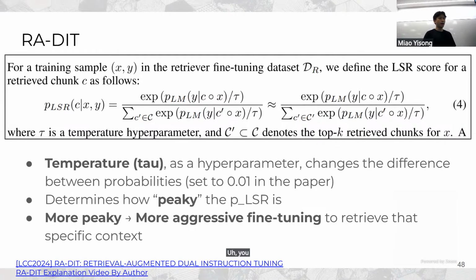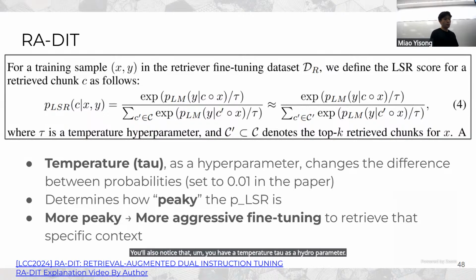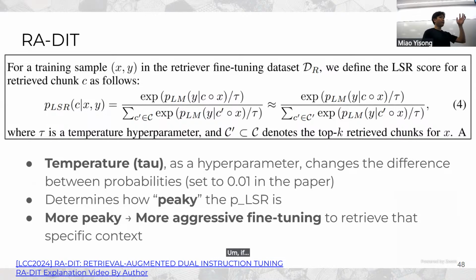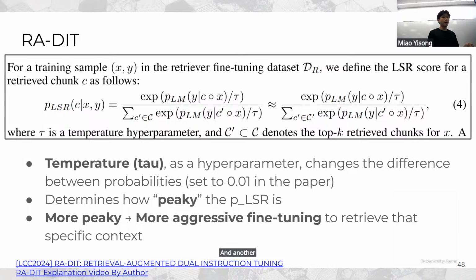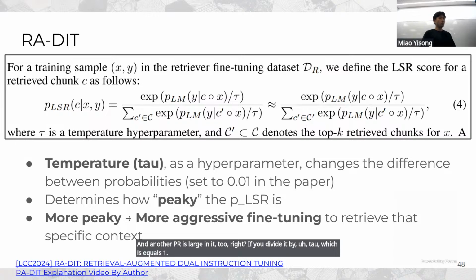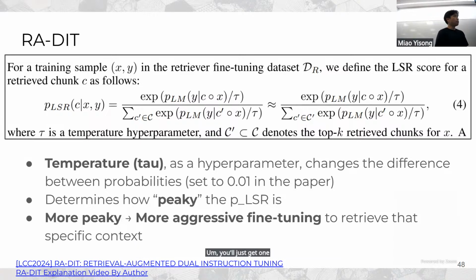You also notice that they have a temperature tau as a hyperparameter. When you divide all these different probabilities by tau, if for instance your PRM is originally 1, and another PRM is originally 2, dividing by tau equal to 1 just gives you 1 and 2. But if you divide by 0.5, you get 2 and 4.